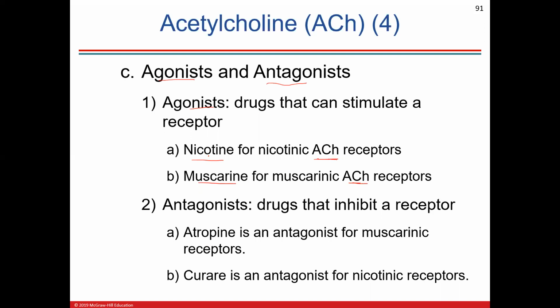They found out through these excitatory chemicals that they mimic ACh and can affect the same receptor. So an antagonist is inhibiting the receptor, right? Atropine is an antagonist for a muscarinic receptor, and curare is an antagonist for a nicotinic receptor. Kind of have to remember that.